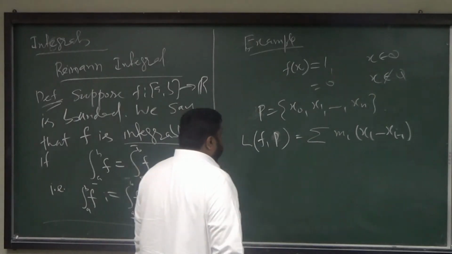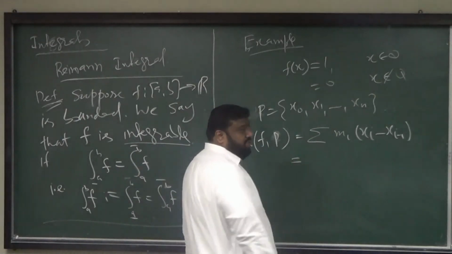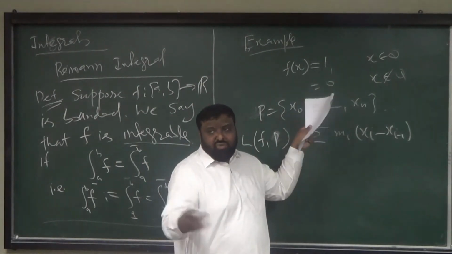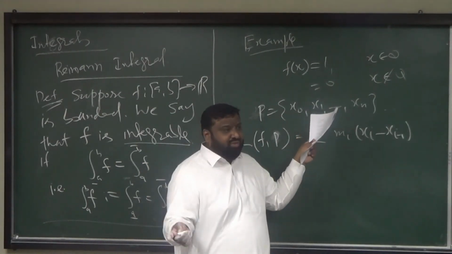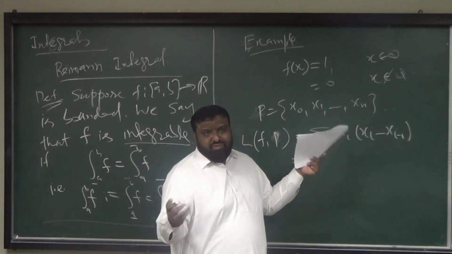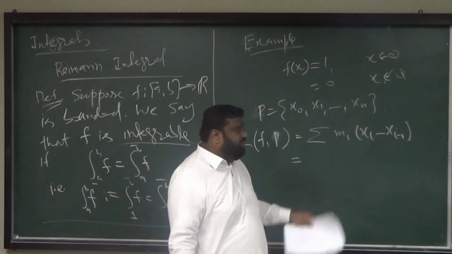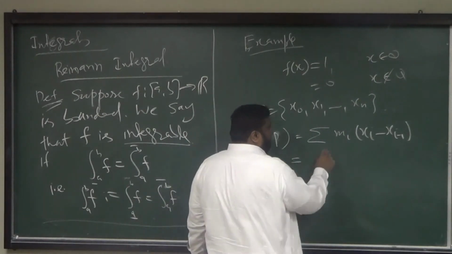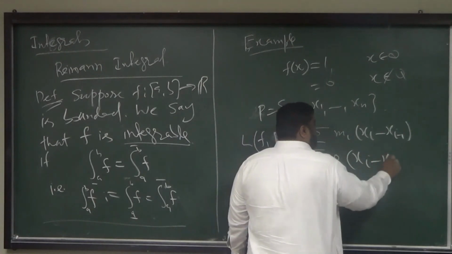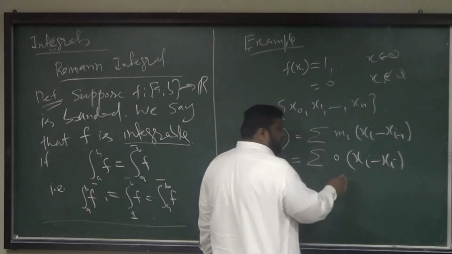What should be the infimum for this function? The function takes just two values, 0 and 1, so the infimum is going to be 0 on every interval, no matter what partition you choose.